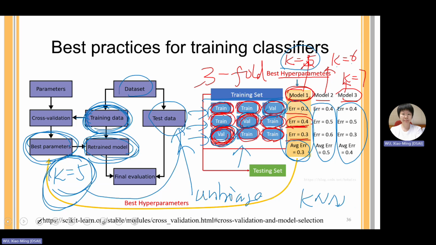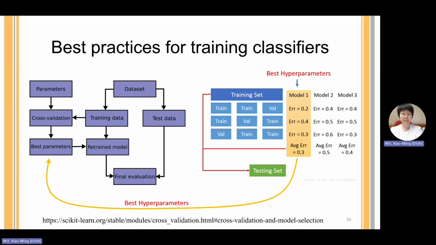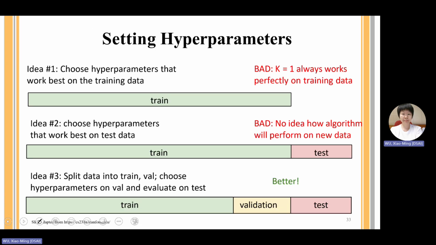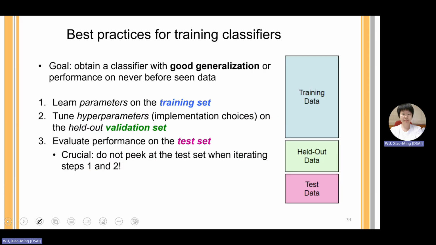You need to train 3 models for 3-fold validation. Can you think of one advantage of cross validation compared to the standard practice?